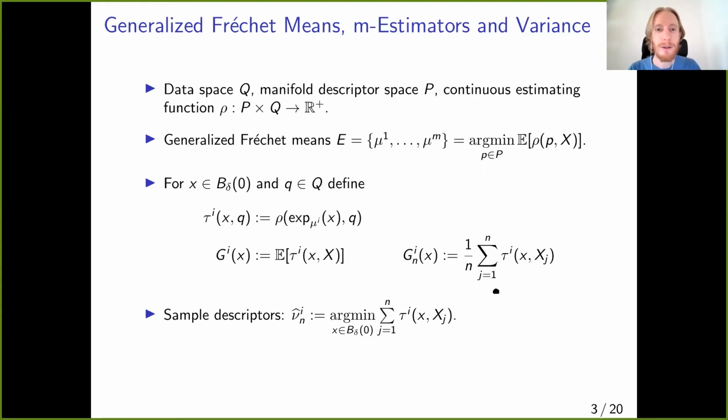And then we can define the so-called generalized Fréchet means or population descriptors as the minimizing points in this descriptor space P of the expected value of the function rho. In this case, I assume that these might be non-unique, so there might be a finite number M of global minima of this expected value function.